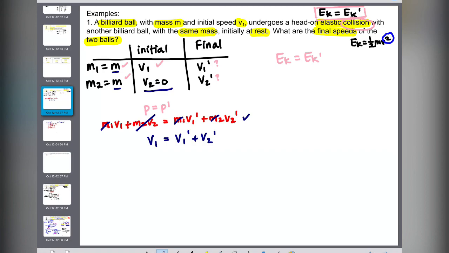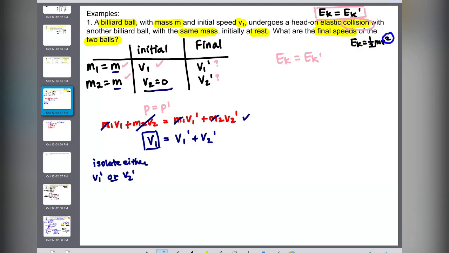This is a known number. I'm going to say the question will say 25 or something. So I need you to first of all do the same thing, isolate for one of the unknowns, either v1 prime or v2 prime, because we're preparing it to sub into the other equation.